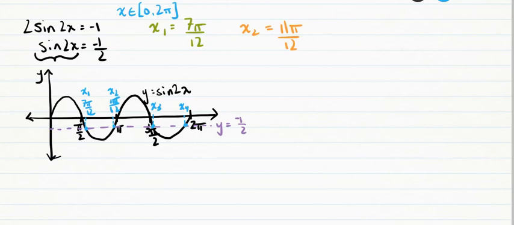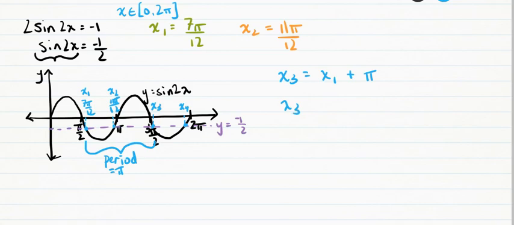We recognize that between x1 and x3 is one period of this function that we've graphed. And one period for y equals sine 2x is equal to pi. So if we add pi to x1, that should give us the value of x3. So we have x3 is equal to x1 plus one period, which in this case is pi.